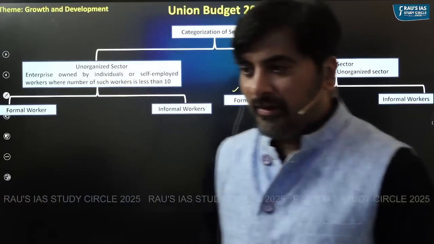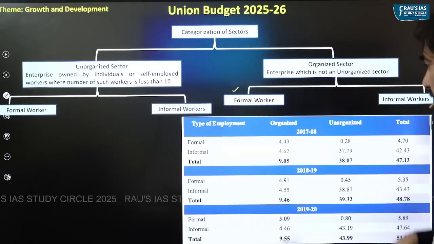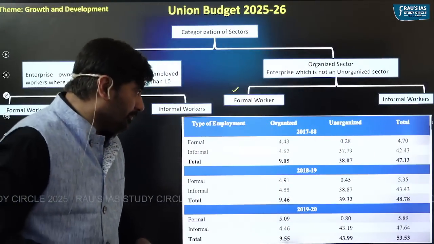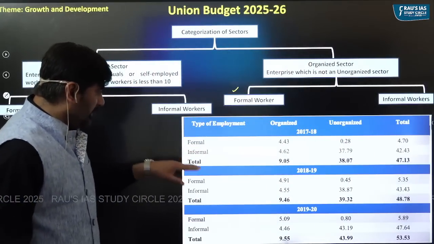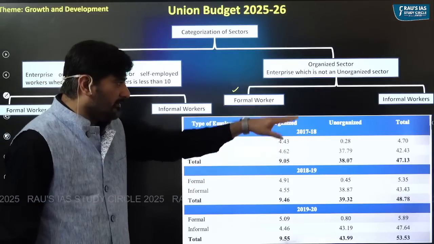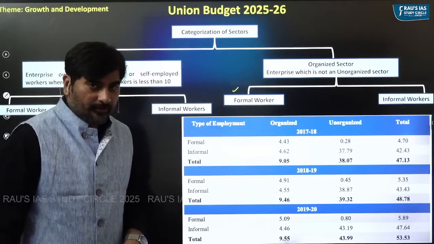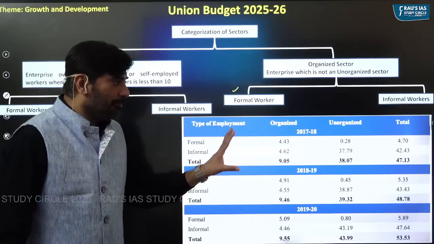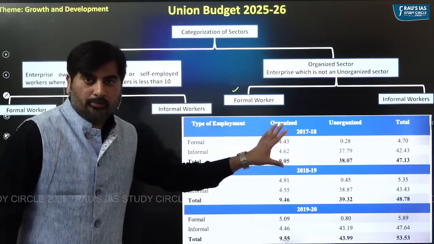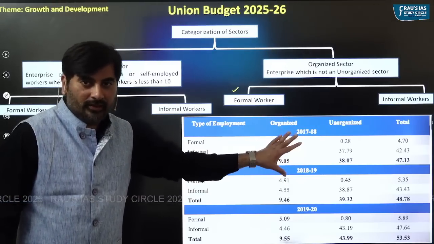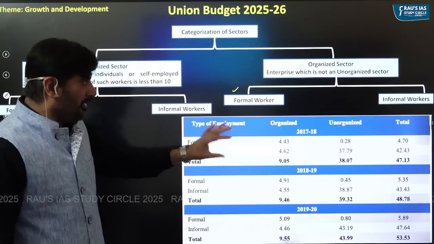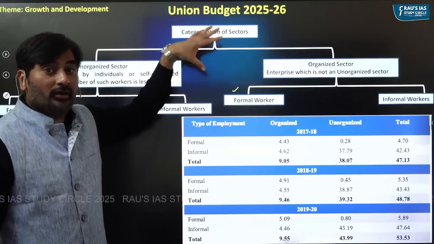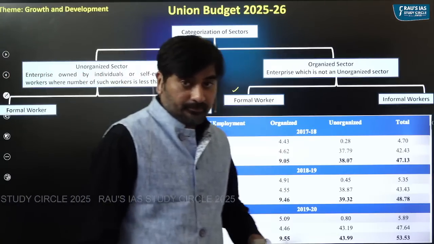So based upon this, this is the table which highlights the formal and informal workers in the organized and unorganized sector. I have taken this table directly from the PLFS report, Periodic Labour Force Survey report. Let's see where the majority of the workers are employed in India.